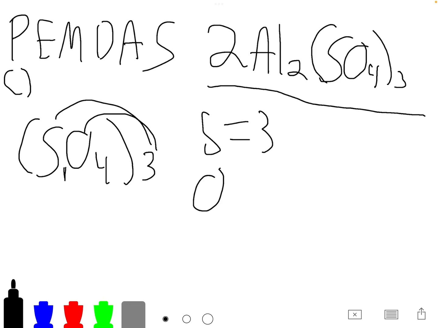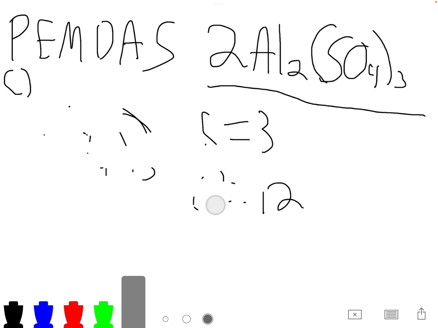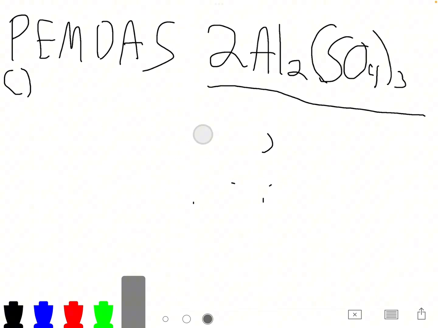And what is 4 times 3? 12. So there's 12 oxygen atoms. So that's what we have so far. That's pretty easy. That's the first step. So we'll write that up here. We have 3 sulfur and 12 oxygen.